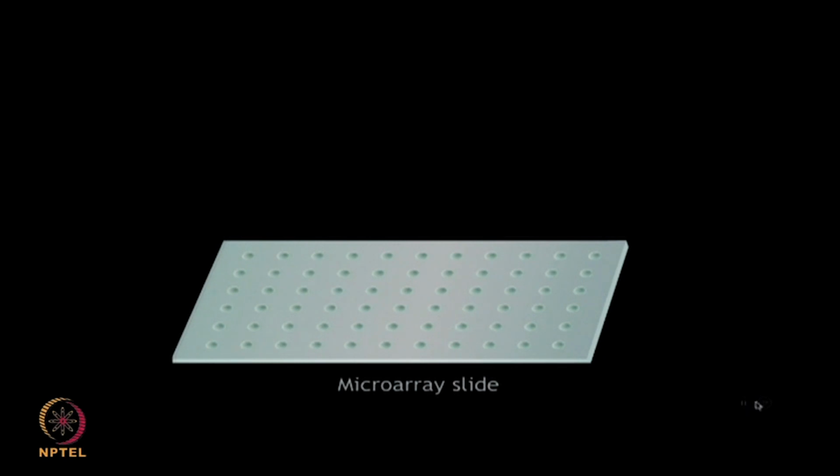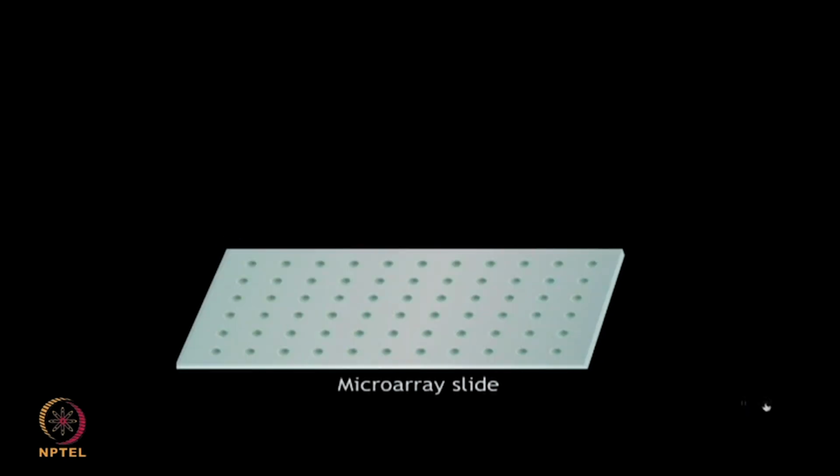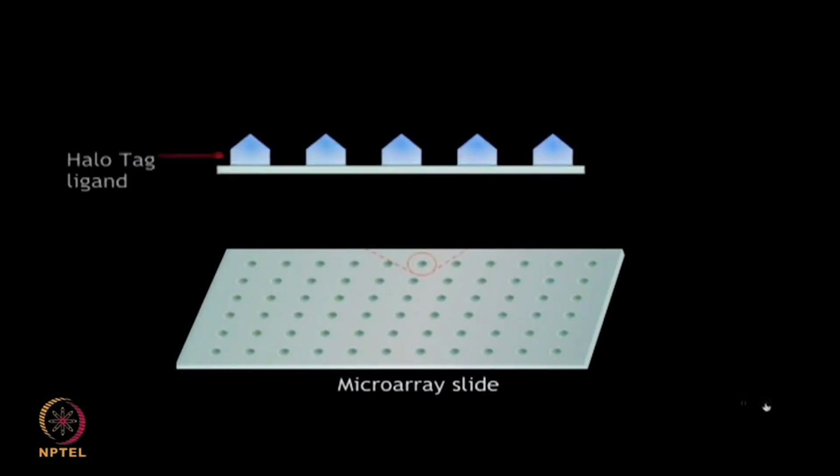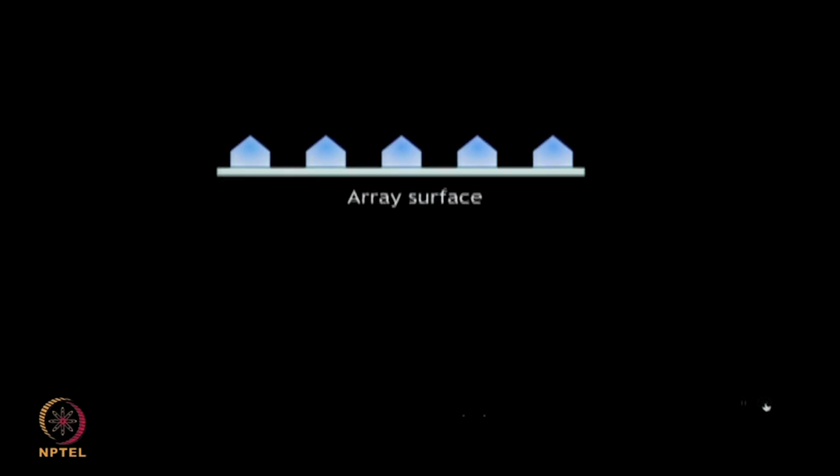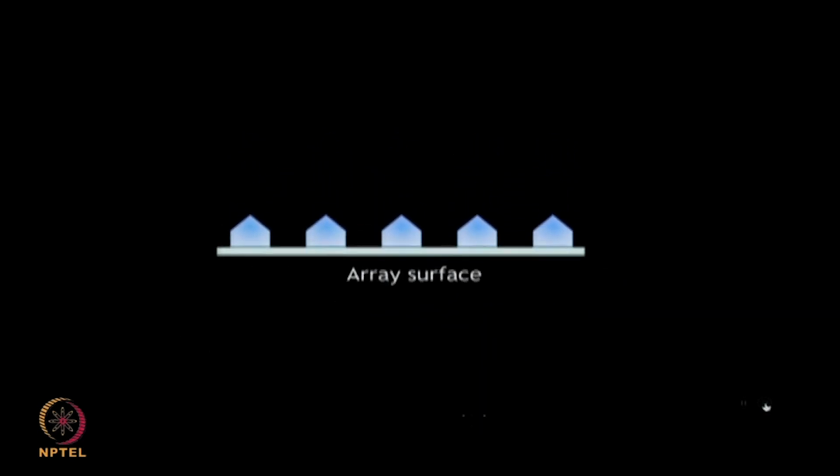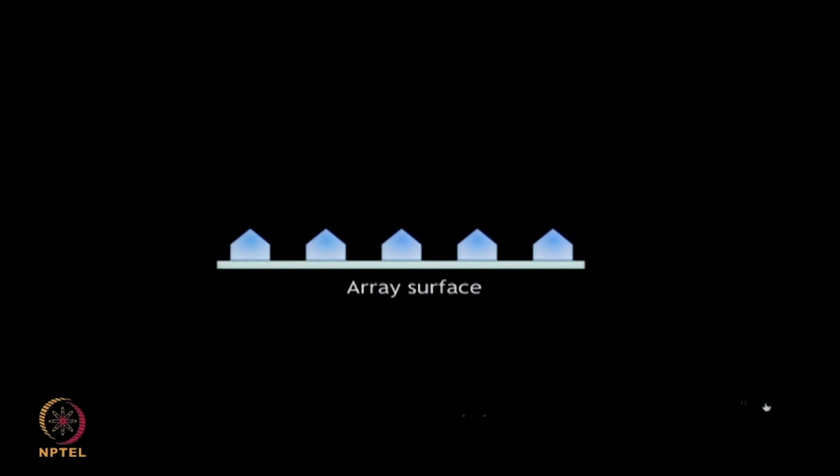In Halotag technique, the slide is activated with the Halotag ligand, which captures the expressed protein through firm covalent interaction, which prevents any material loss and ensures oriented capture of the protein.